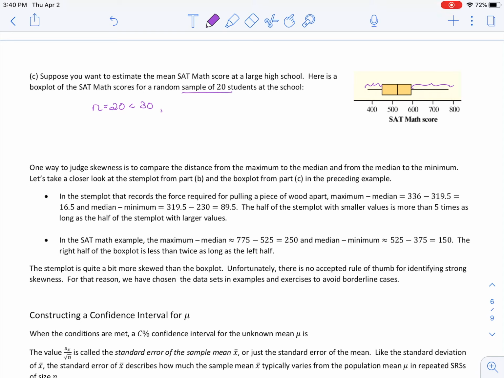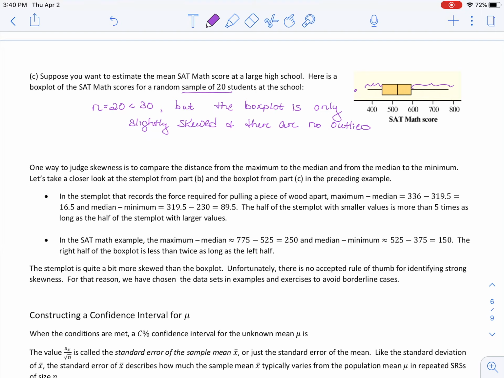I know box plots are not necessarily the best thing to talk about skewness, but I'm just going to put that the box plot is only moderately skewed. It's only slightly skewed. And I do know that there are no outliers.